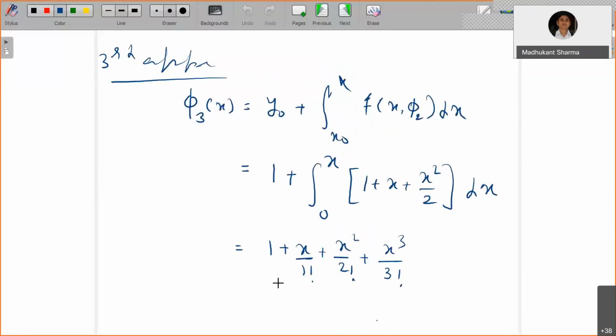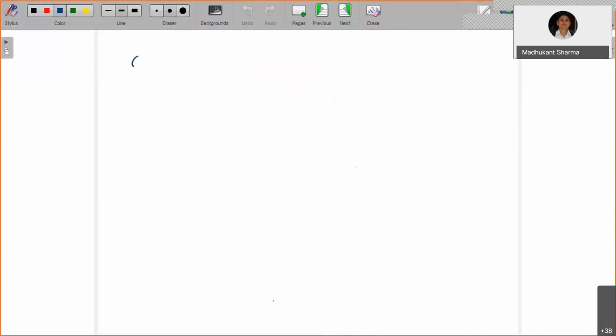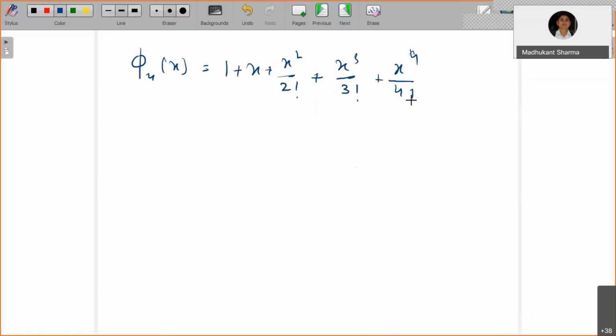And so on. If you are not convinced so far, you can also calculate the fourth approximation p4 of x, and you can show that it is 1 plus x square by 2 factorial plus x cube by 3 factorial plus x power 4 by 4 factorial. So where does this converge?